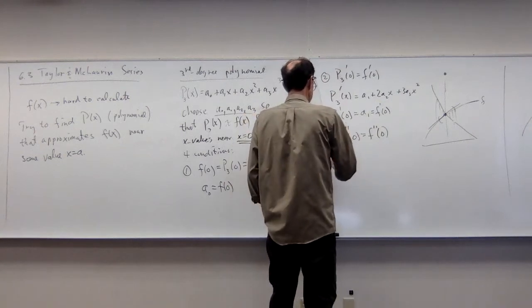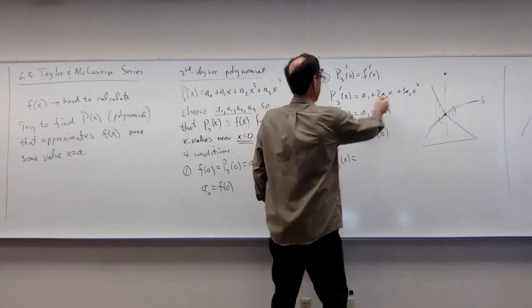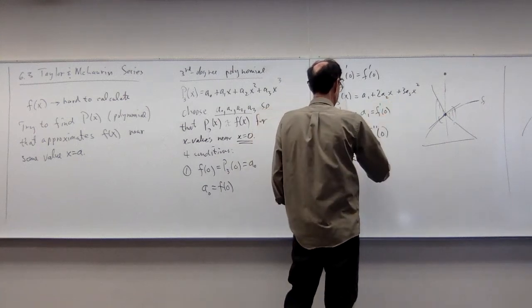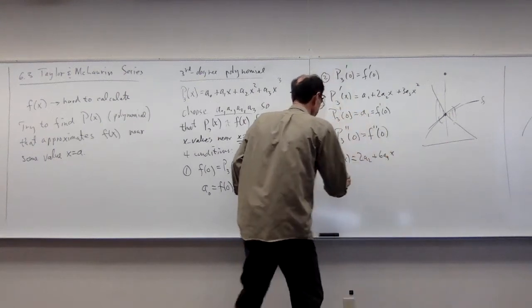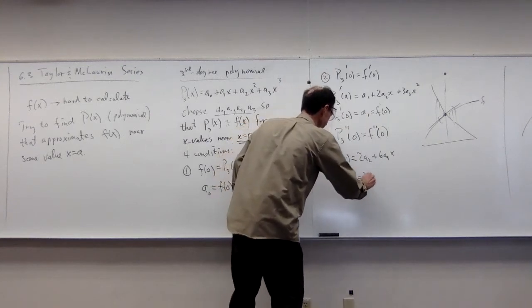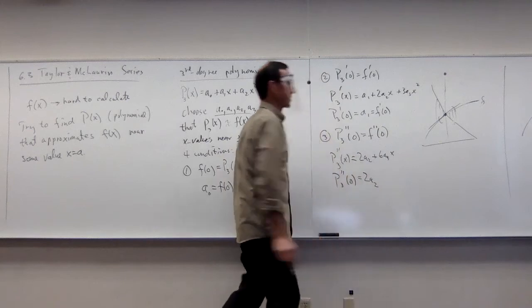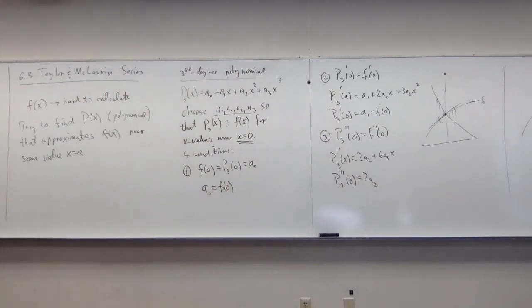And P3's second derivative is 2 a2 plus 6 a3 x. Plug in 0. And what do we get? 2 a2. That 2 comes from the derivatives, the conditions.